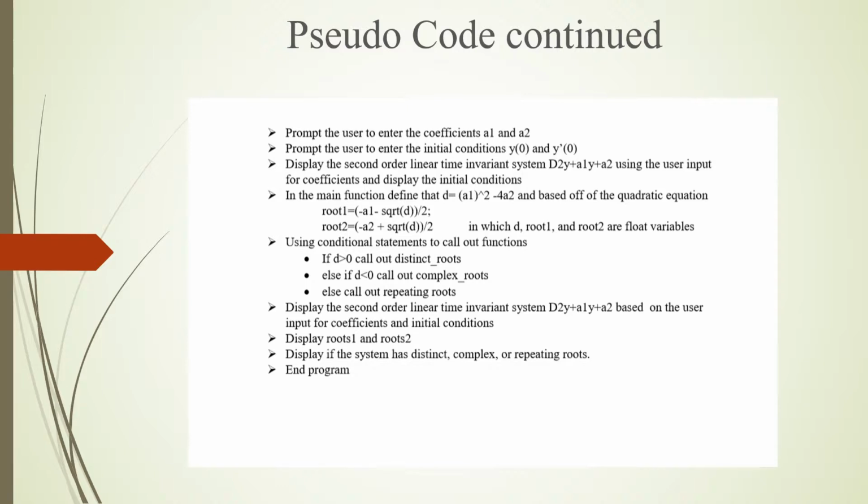Once the main function has started, we're going to, first, prompt the user to enter the coefficients of A1 and A2. Then we want to prompt the user to enter the initial conditions, y0 and y0 prime. From there, I want the code to display the second order linear time invariant system based off the user input for the coefficients and initial conditions.